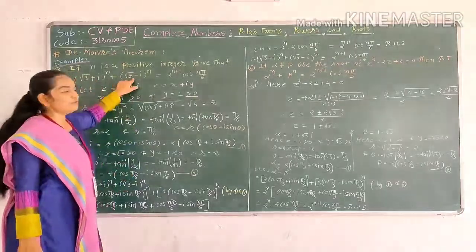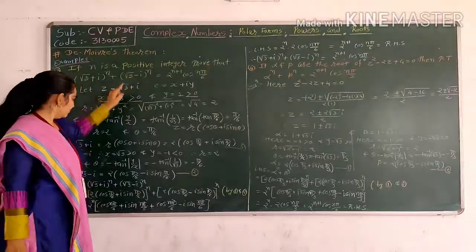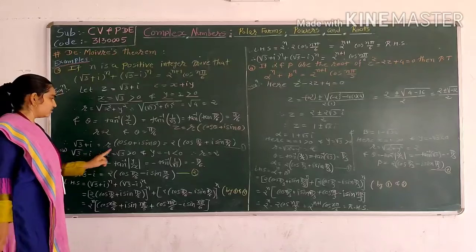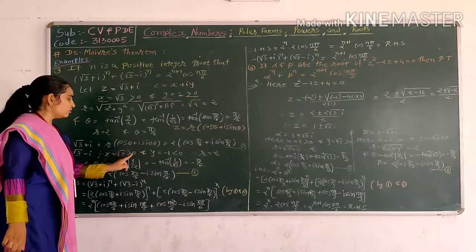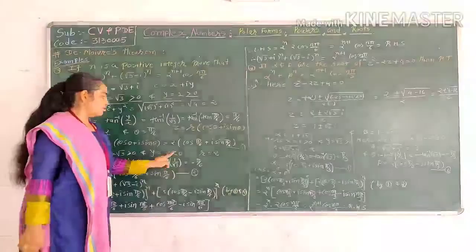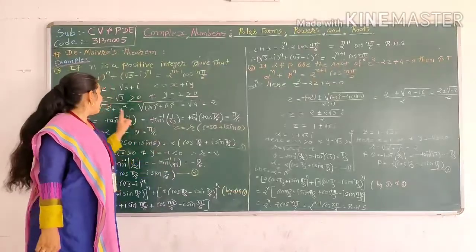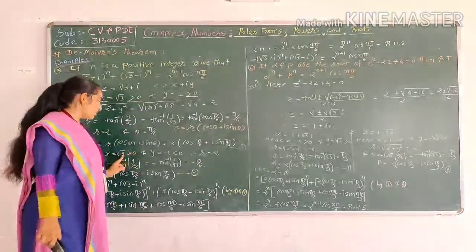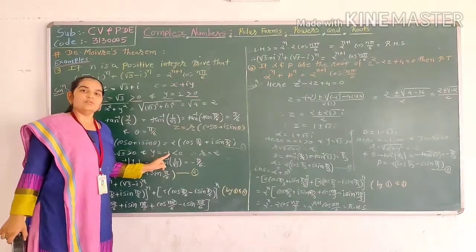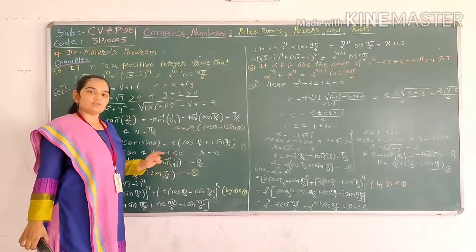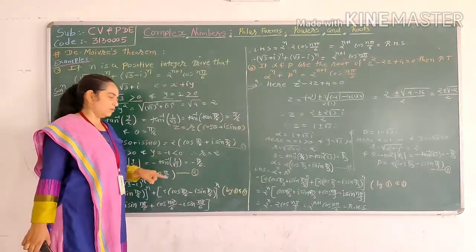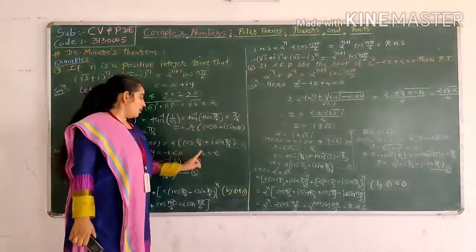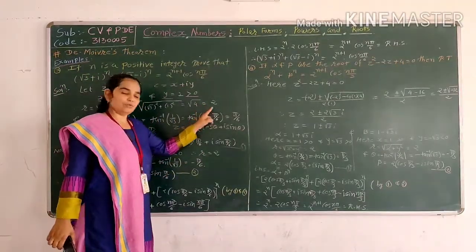Now similarly we have to find for under root 3 minus i. Here x is equal to under root 3 and y is equal to minus 1. Under root 3 is greater than 0 and minus 1 is less than 0. Therefore r is equal to under root x square plus y square, which is under root 3 square plus minus 1 square. Under root 3 square is 3 and minus 1 square is 1. Therefore under root 3 plus 1 is equal to under root 4, and under root 4 is equal to 2.